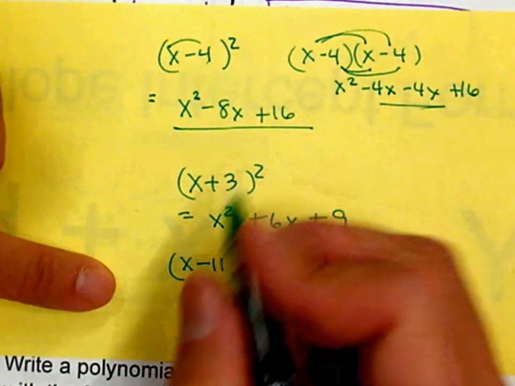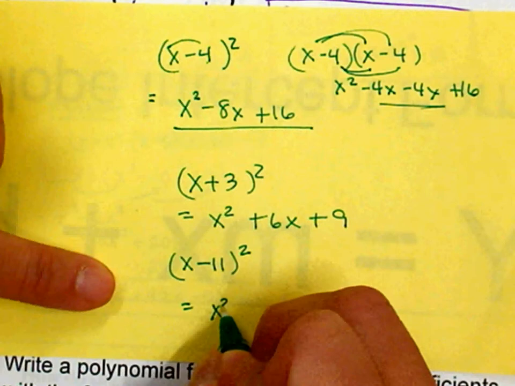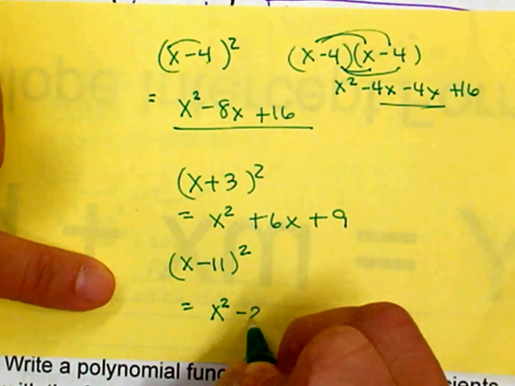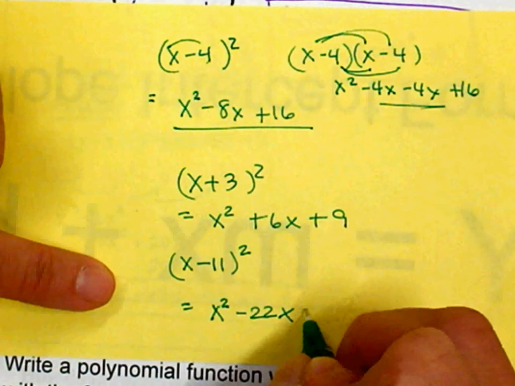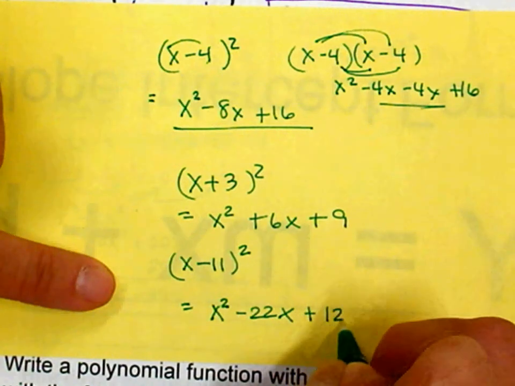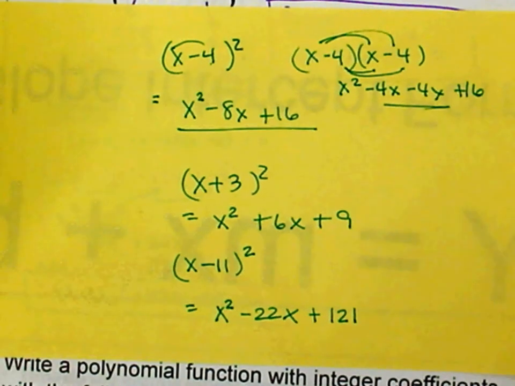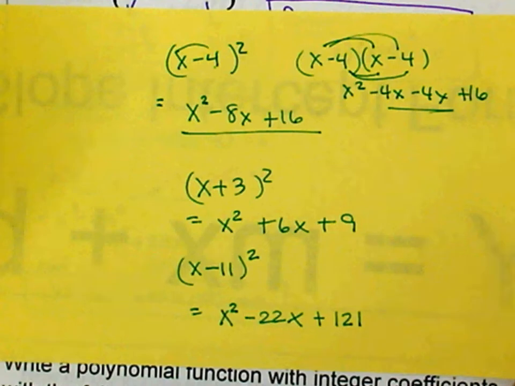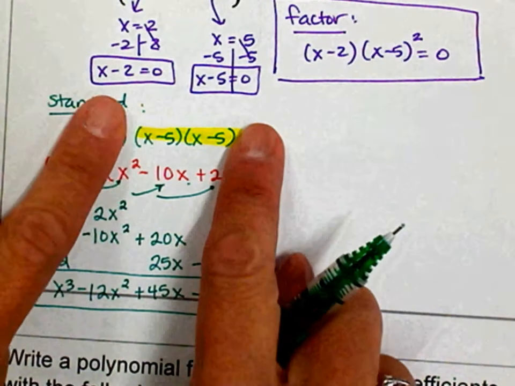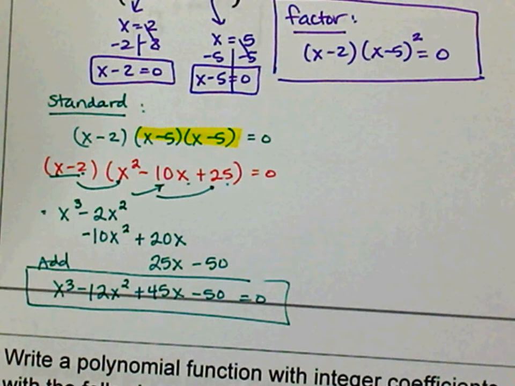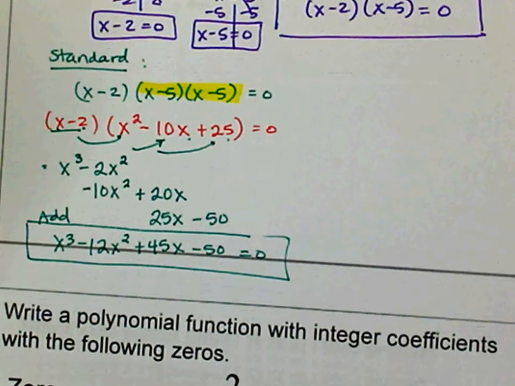X squared, 121. All right. Is that coming back to you guys a little bit? Okay. But it's just easier to double when it's a square or something. All right. So that's why it was easier to do these two instead of these two. So, any questions?